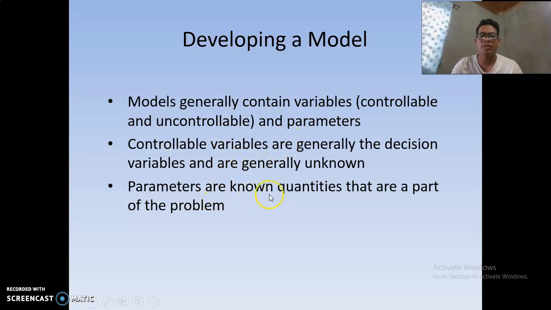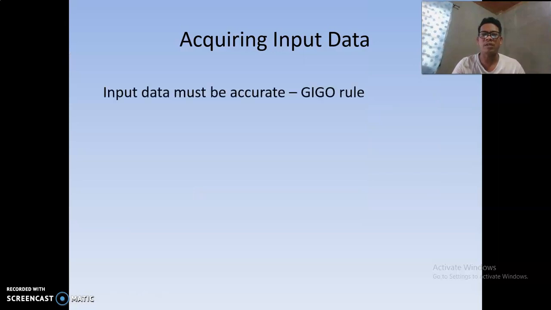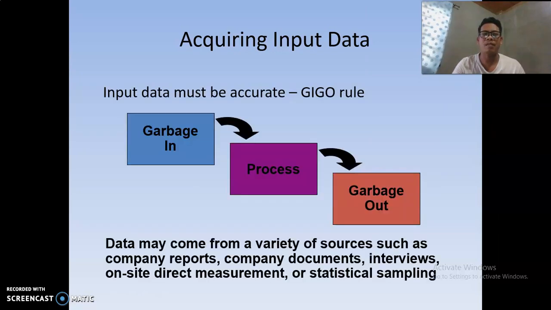Parameters are known quantities that are part of the problem, and they are also included in the quantitative analysis technique. In acquiring input data, we have what we call garbage in. Garbage in is data. So where do we get data?